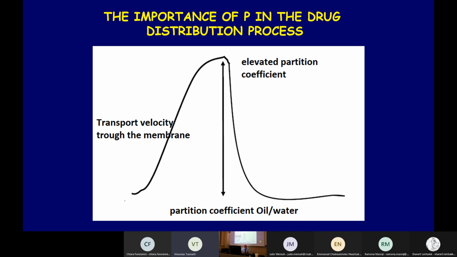This is important if you want to have a fast effect, a fast distribution of your compound.